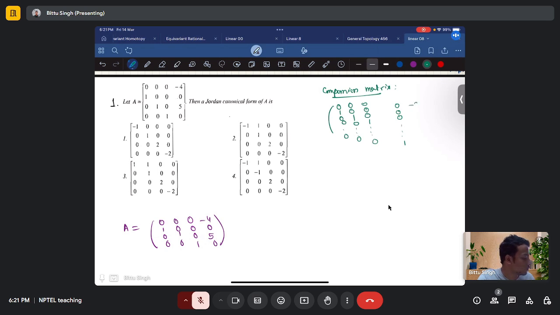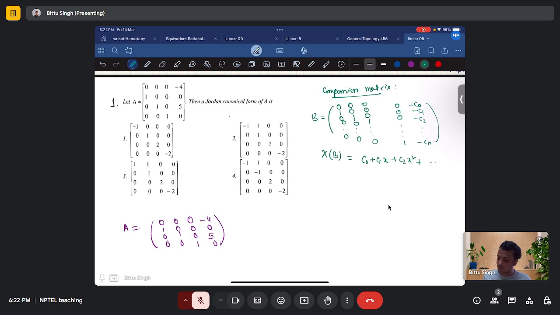The last row will be minus C0, minus C1, minus C2 up to minus Cn. If we take this matrix and give it another name B, then the characteristic polynomial of this B takes this form: C0 plus C1 x plus C2 x squared up to Cn x to the power n.